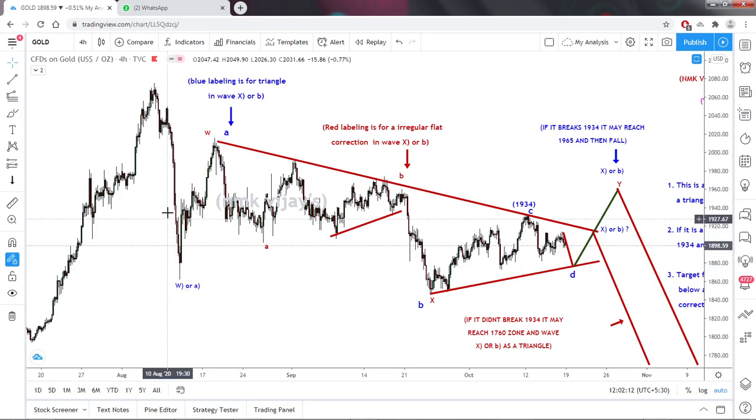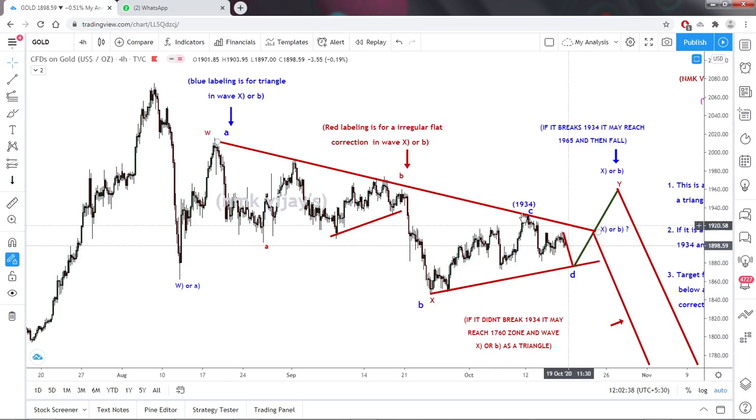If this A, B, C is an A, the intermediate B can be a triangle also, A, B, C, D, E. So in this, A, B and C got finished, or W, X, A, B, C. Anyway, B, C is finished, so we are on the D wave.